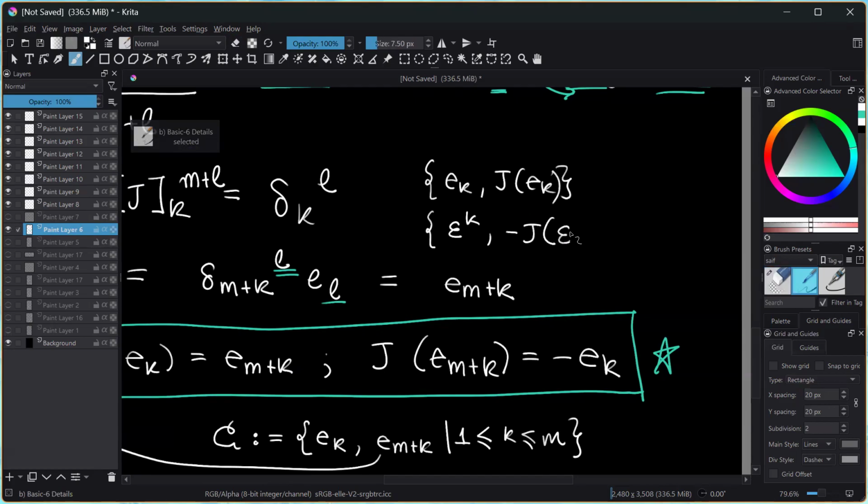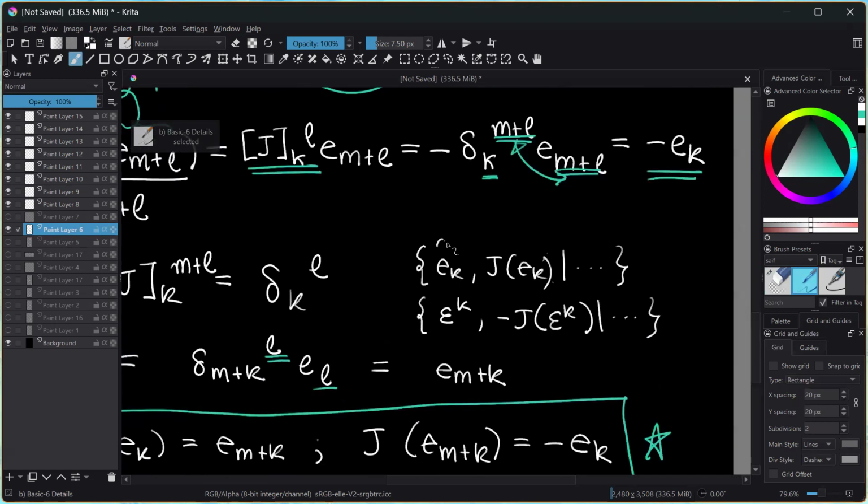Minus J of epsilon K. And there's some stuff here that I'm not writing. But yeah, so these are the two bases. Each of them has M objects in them, right? So this is M objects and this is M objects, and this forms a basis. And that's the basis that we're guaranteed to have and be able to move from the complex space to the real space.